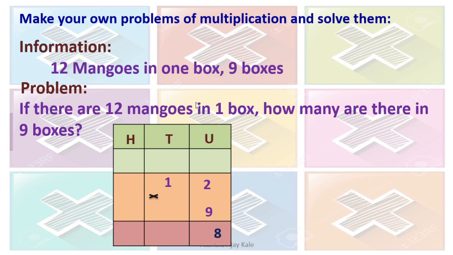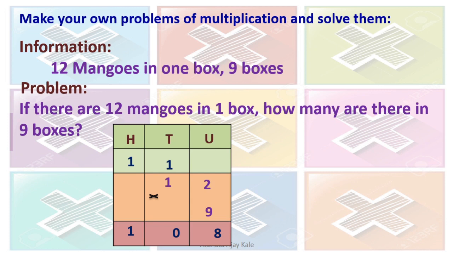So 9 twos are how much? 18. Okay, 8 we will write here, then 1 is carried over to the tens place. Am I right? Now 9 ones are 9 plus 1, that is 10. So 0, 1. Again 1 is carried over to the hundreds place, and we will take it down.